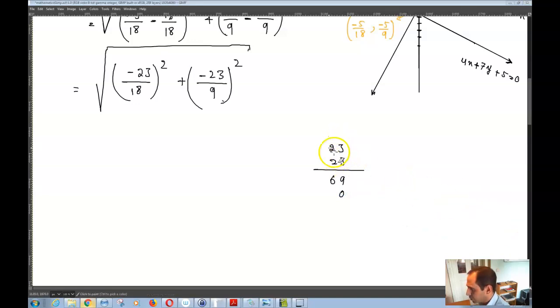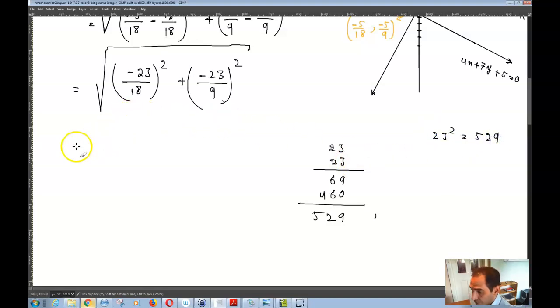3 times 3 is 9, 2 times 3 is equal to 6, 2 times 2 is equal to 4, and that's 529. So 23 squared is equal to 529. So that is the square root of 529, and negative squared is positive, of course.